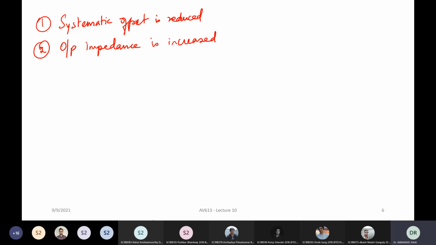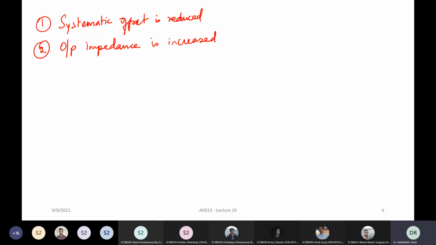Now, you might ask, okay, everything is good, but as we know in engineering, the moment we say this is good, that is good, there is always the other side of things, which is what is going to be bad, right? You don't have a solution which is always good in all respects and doesn't have any negatives.